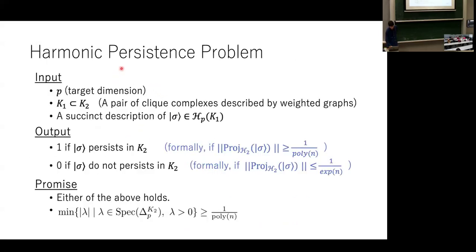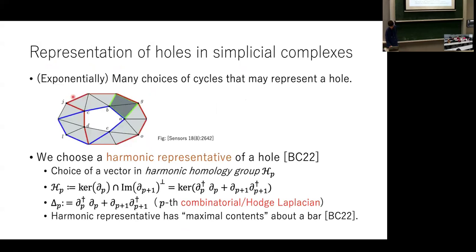Then the problem that we call the harmonic persistence problem can be formally described like this. Sorry, I didn't understand the previous choice. Naively, for example, these blue and red lines, do they live in the kernel of the D_p? No, they are not vectors in the kernel of this space.